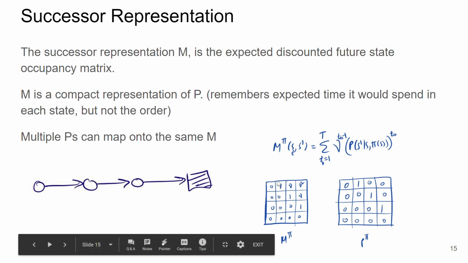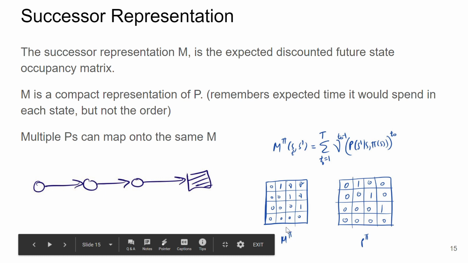And here, for the linear chain case, this is how they would look. And one thing about M is when you move from your P space to M space, you lose out on information because M is not encoding the order in which you would reach the states.